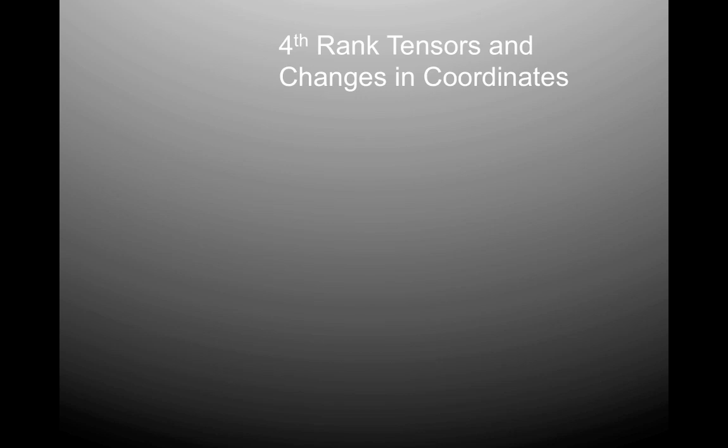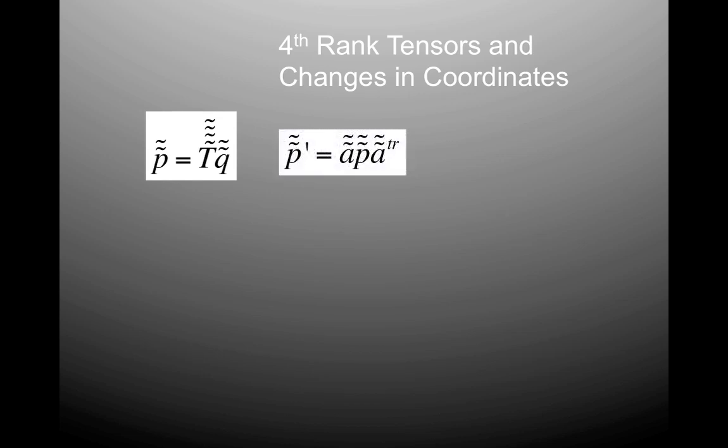Let's talk about coordinate change for fourth rank tensors. For generalized second rank tensors Q mapped into P by a fourth rank tensor T, remember that the second rank tensor is transformed with coordinates by application of the transformation matrix twice.